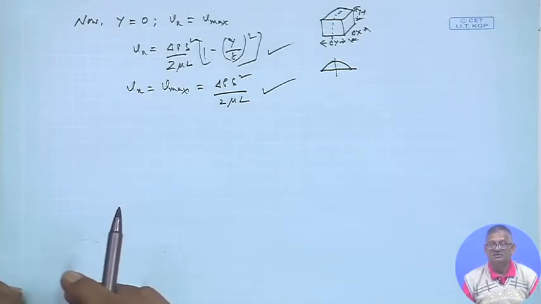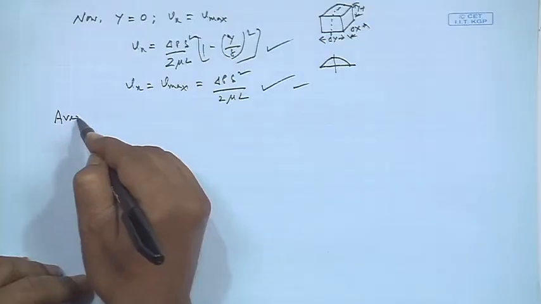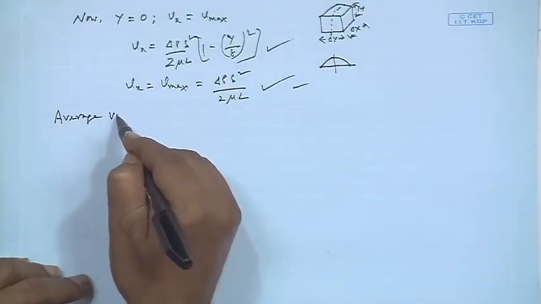Next, we go to the other one, that is the average velocity. So V max we have found out, then we have also seen the tau, that is the momentum flux. Now, let us find out the average velocity.